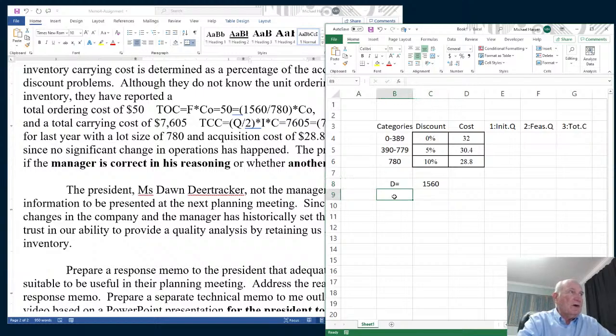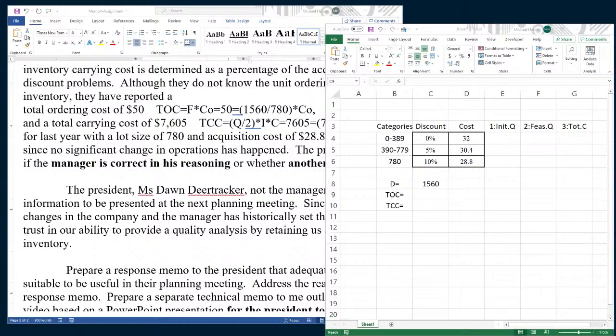And then we have our total ordering cost equals, and total carrying cost equals. Total ordering cost, again, is going to equal 50.